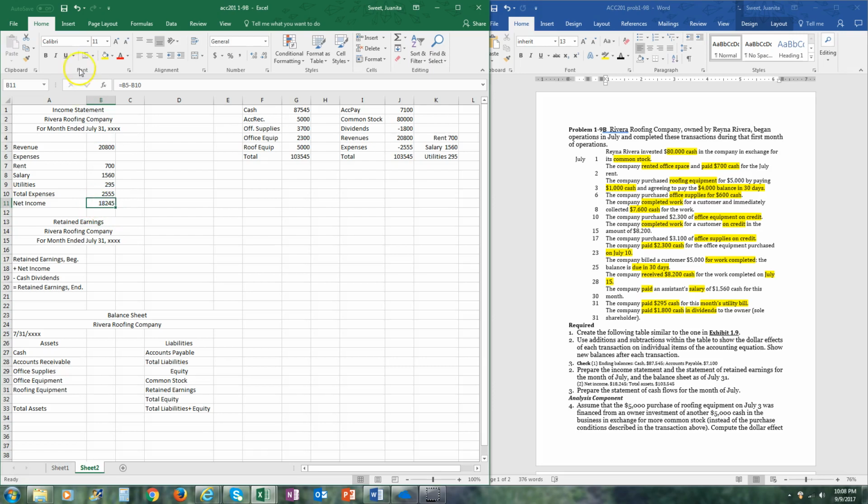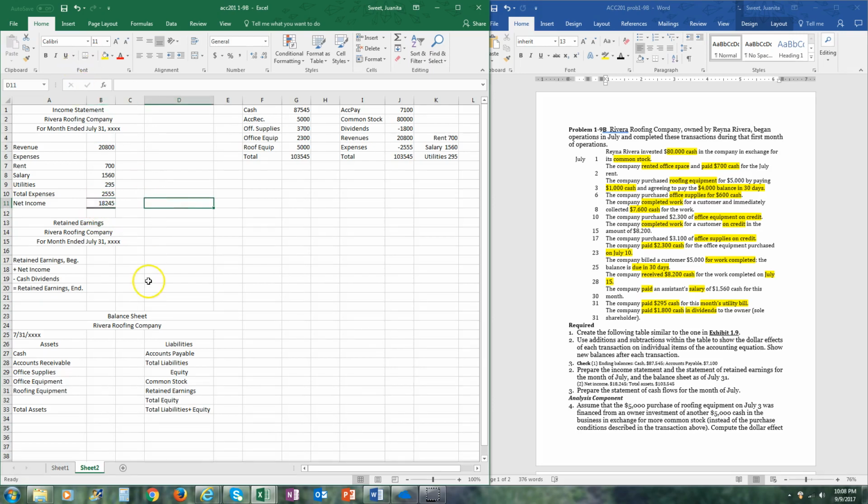Our net income is revenue minus expense. So we would double underline it to show it's done. The net income is going to travel to the second statement, which is the statement of retained earnings. We started the year with nothing, since this is our very first month of operations. Our net income will come down, and we paid cash dividends. So we look over here at our record and see cash dividends were $1,800.